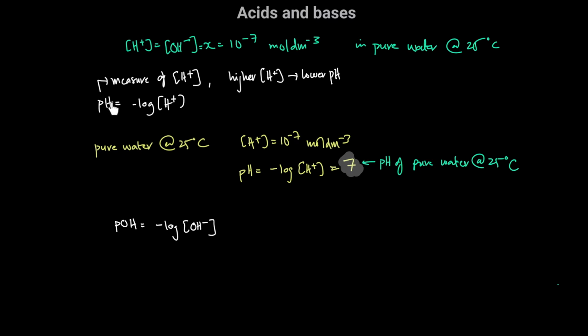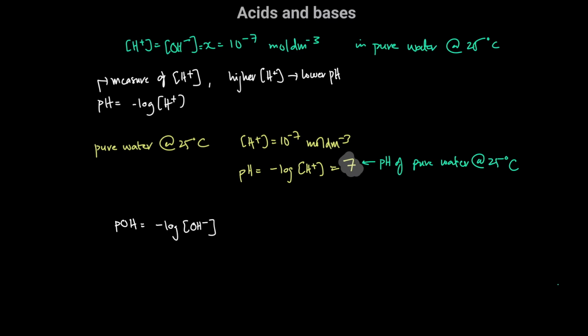So pH means the minus log of H+ concentration, and pOH means the minus log of the concentration of OH minus ions. This is just a measure of the OH minus concentration. Higher pOH means lower concentration of OH minus. A higher concentration of hydroxide ions would mean a lower pOH.